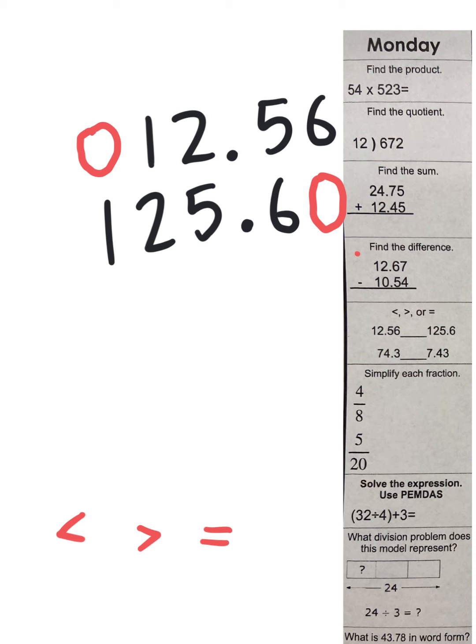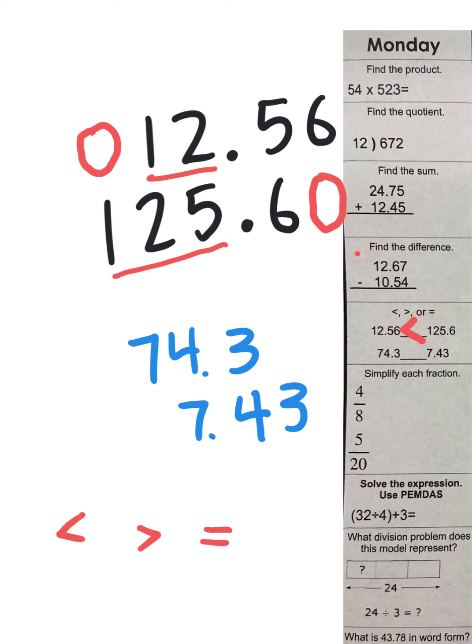We can look at these two numbers and tell that we have more whole numbers in 125 and 6 tenths than we do in 12 and 56 hundredths. So 12 and 56 hundredths is less than 125 and 6 tenths.